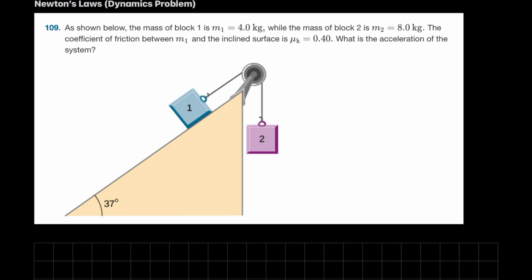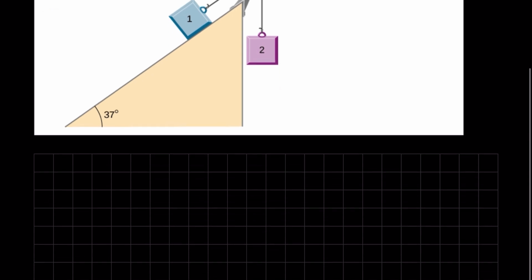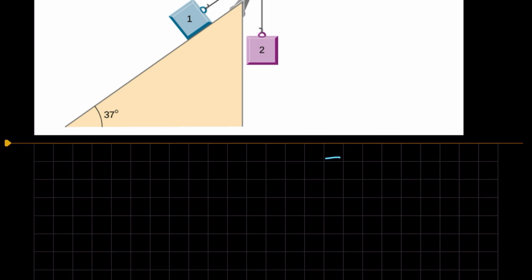Okay, so you know that this is a Newton's laws problem. What does that mean? You have to apply F equals ma, so we can start jotting that down. So we know that the sum of all the forces should equal mass times acceleration.